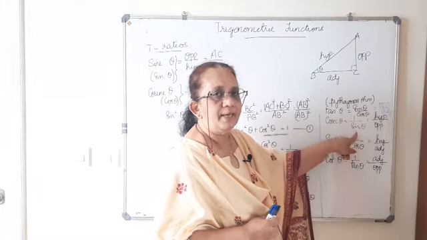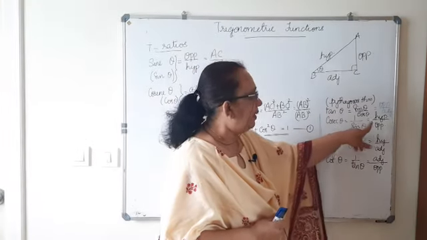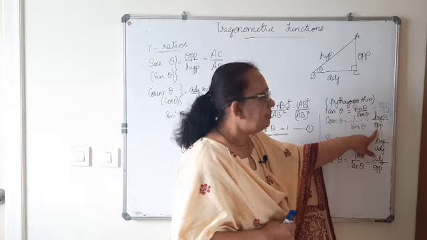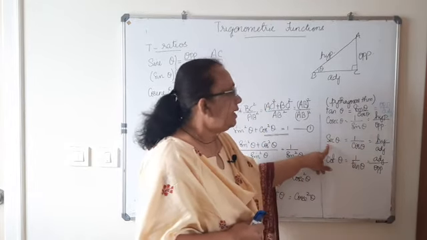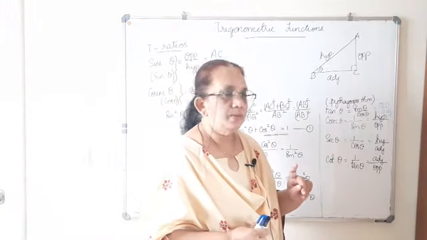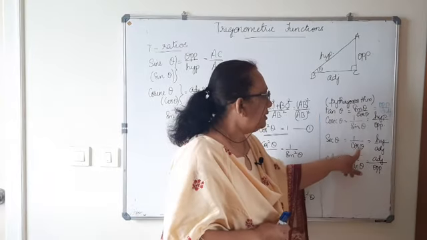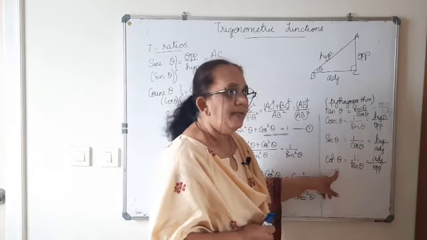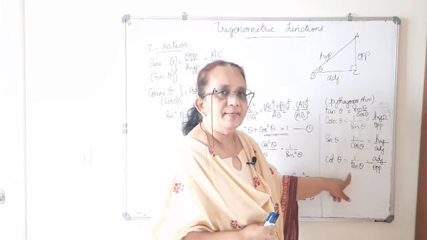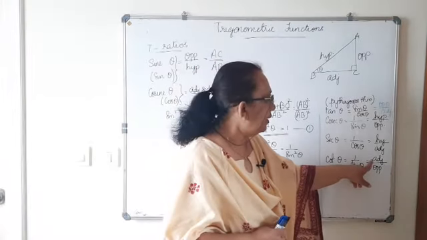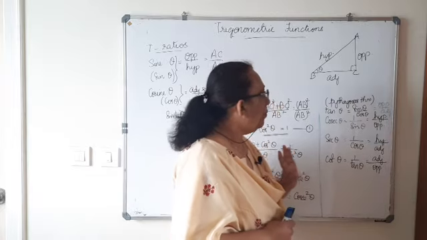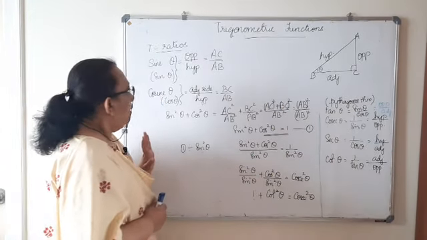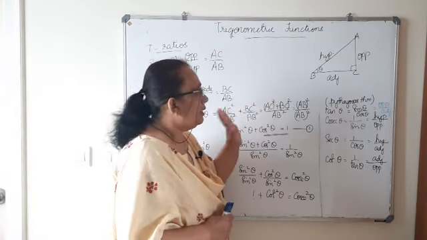Reciprocal of sin theta is cosecant theta and that is equal to hypotenuse by opposite side. Secant theta is the reciprocal of cos theta, that is 1 by cos theta, hypotenuse by adjacent side. And cot theta is the reciprocal of tan theta, 1 by tan theta, or it is adjacent side by opposite side.